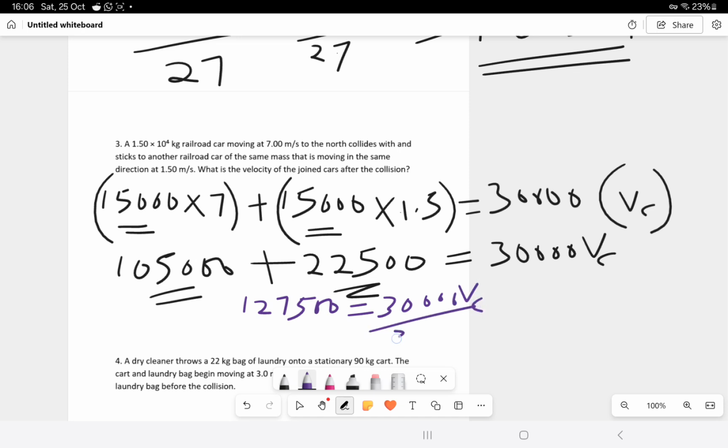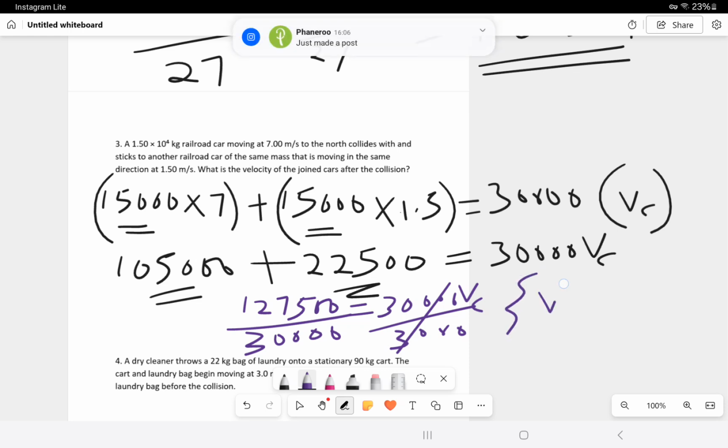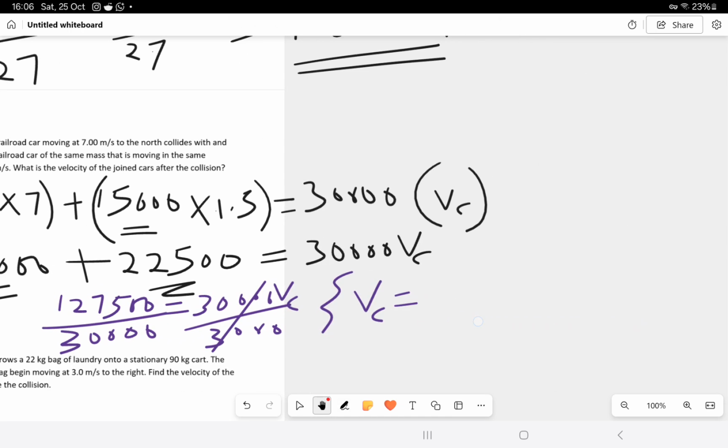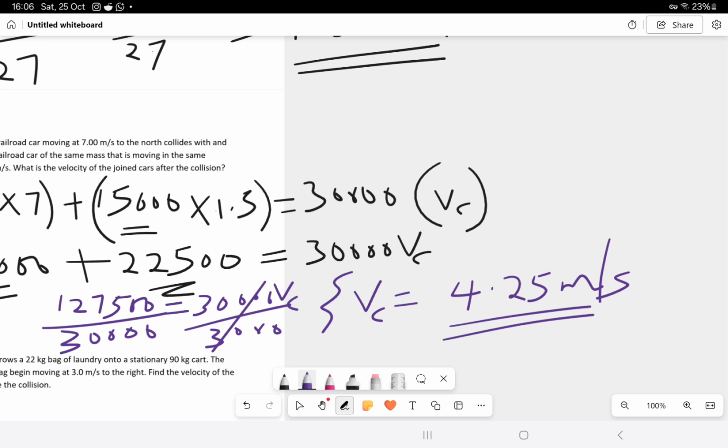Divide by 30,000, and therefore VC will be equal to 127,500 divided by 30,000, and you get 4.25 meters per second. Simple as that.